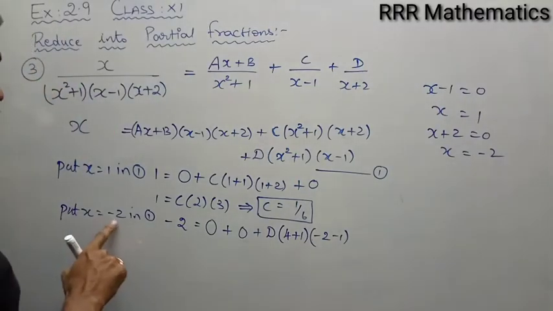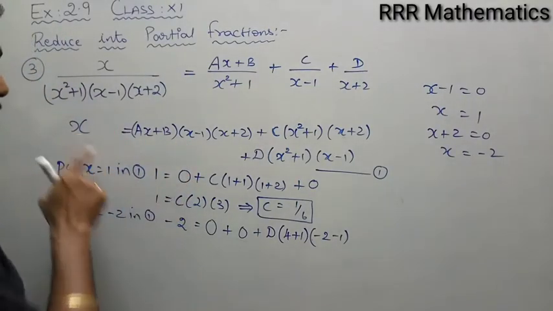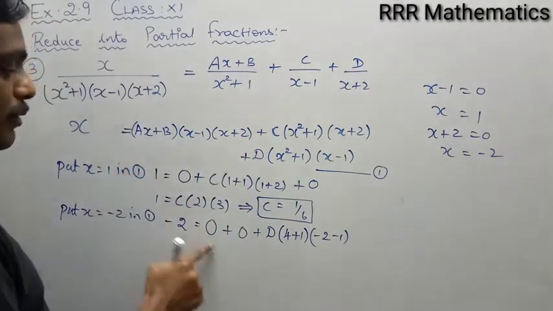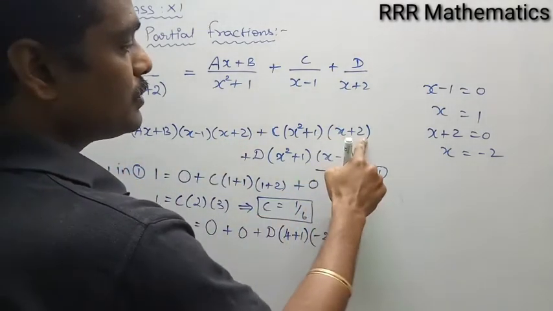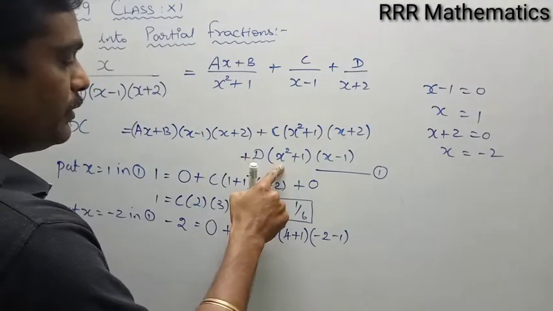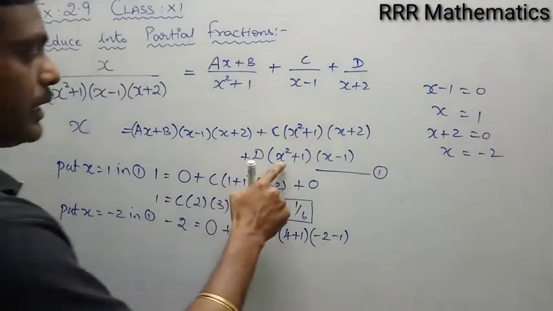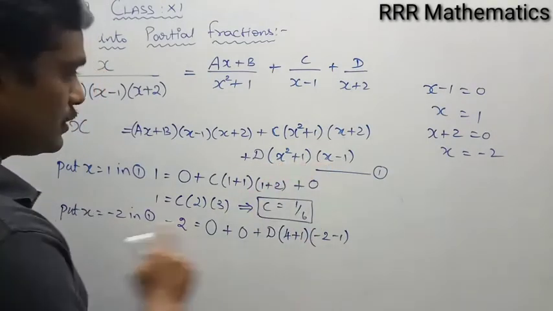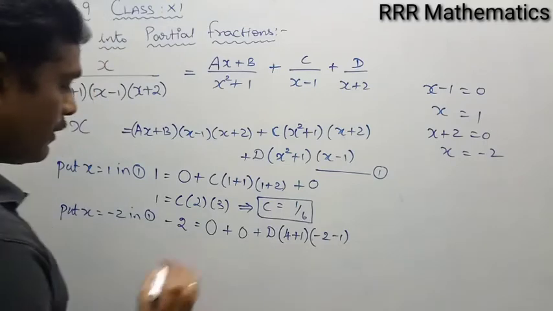So when I replace minus 2 in 1, here I am getting minus 2 plus 2, 0. So the entire product is 0. So plus D. Here when you replace x as minus 2, it will be minus 2 into minus 2 plus 4 plus 1. Here minus 2 minus 1. So what I have?